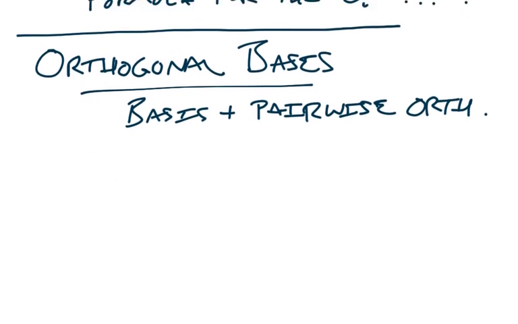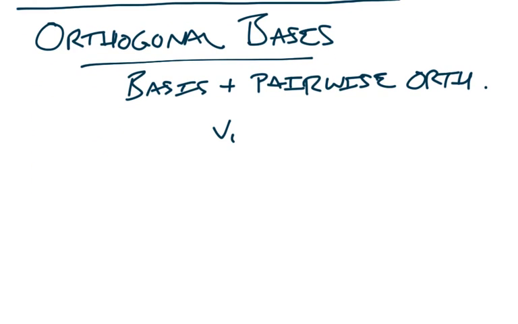In other words, vi is orthogonal to vj whenever i is not equal to j. So now you've got them pointing in all sorts of different directions, and they're all orthogonal.